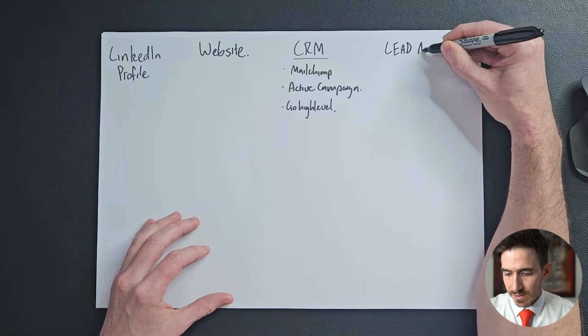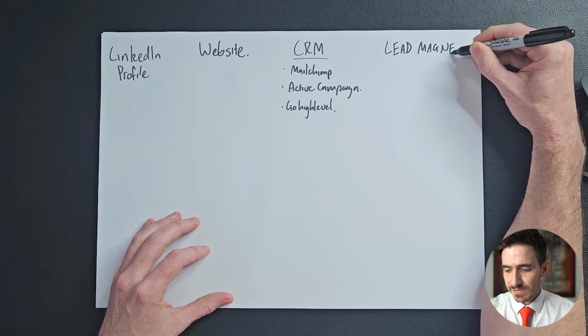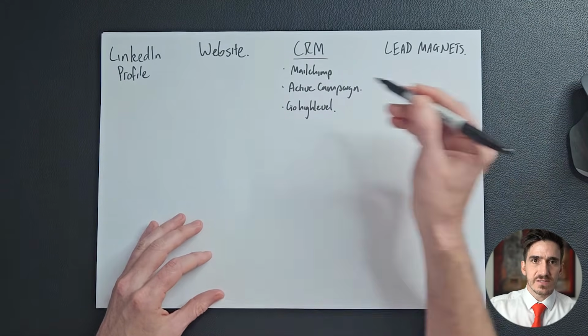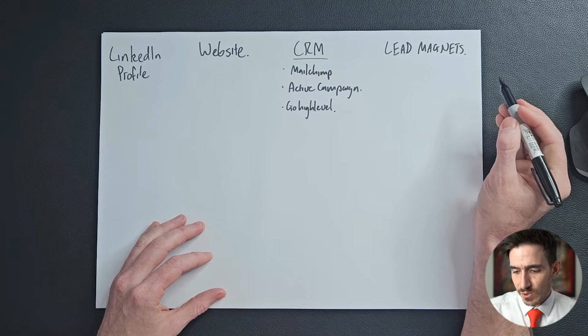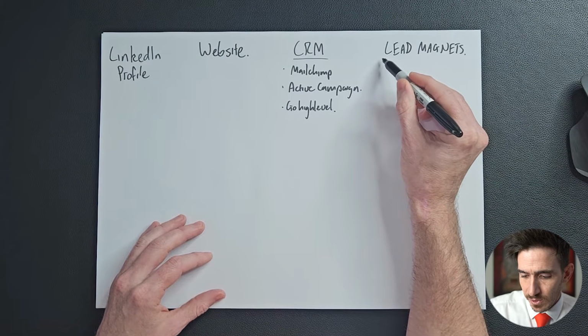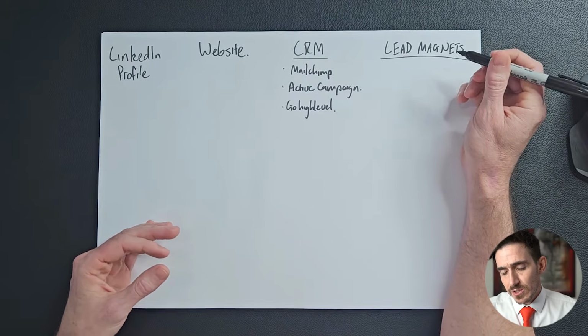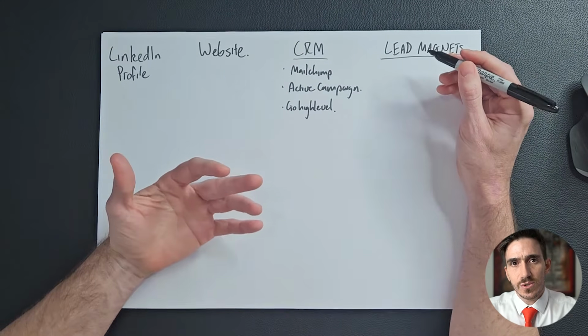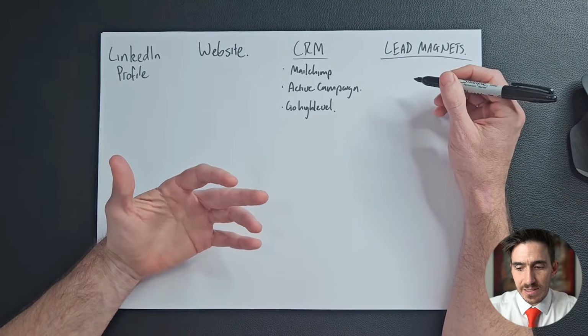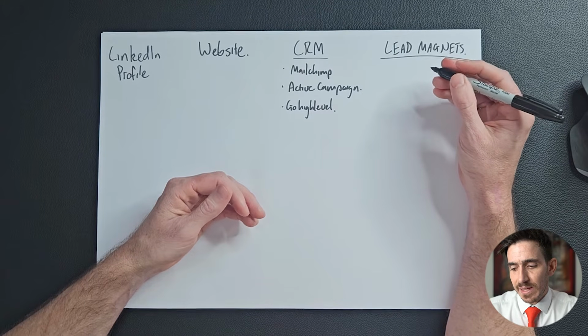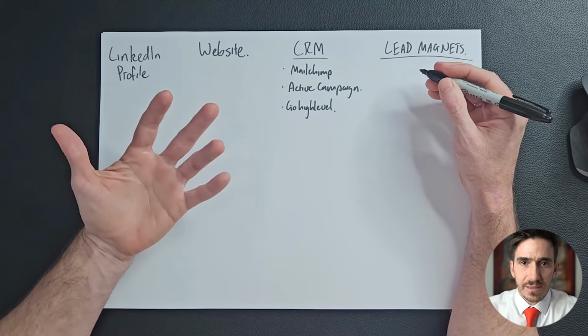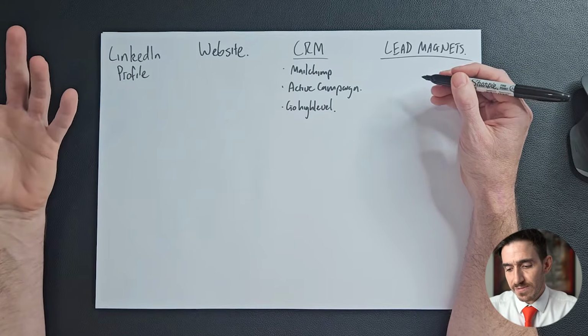Now, I know there's going to be a wide range of people watching this video. A lot of this is very obvious and fairly rudimentary, but then there'll be people who this is all fairly new to. So lead magnets are essentially a resource that you create and give away for free. The aim being that you demonstrate your value, kind of like why you're watching this video.